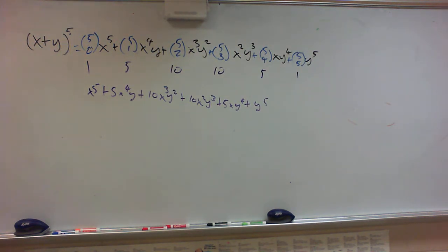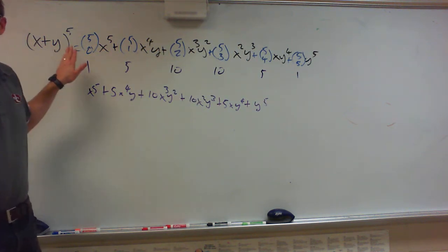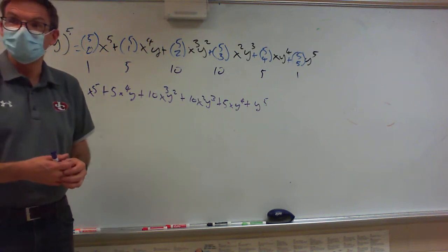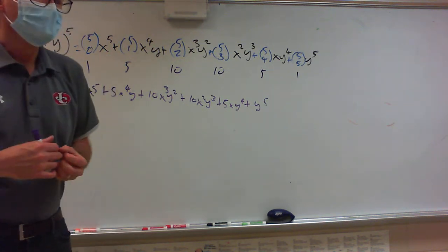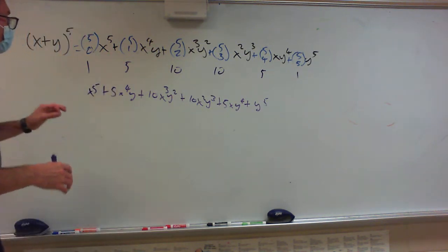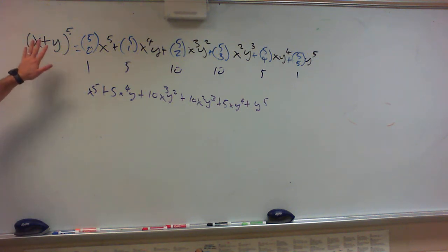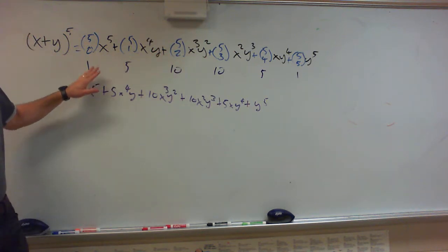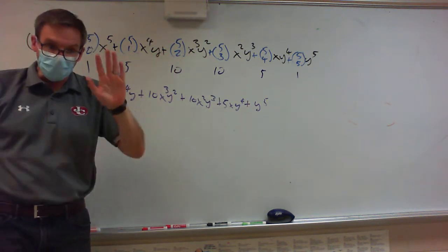My claim is that doing this is a heck of a lot easier than actually multiplying it out 5 times. All right, so let's recap what we did before I make things a little harder. Whenever you're expanding a binomial, the first thing you care about are the x's and y's, and you want to make sure you get that. That's what you always do first.